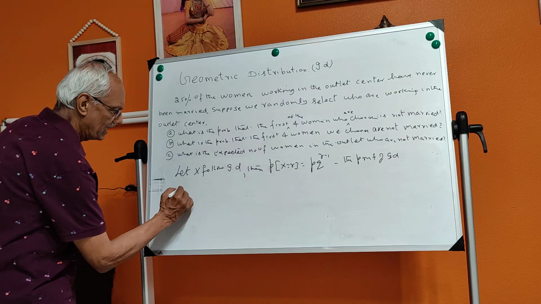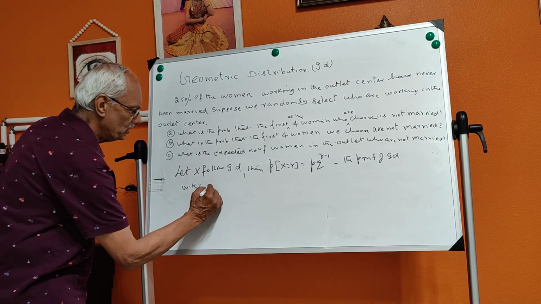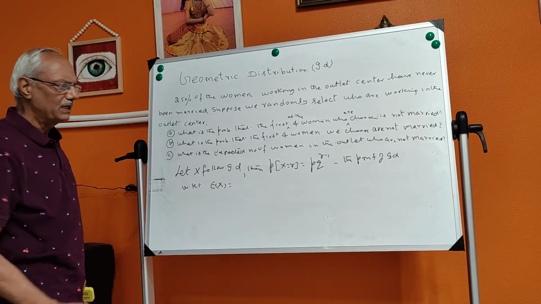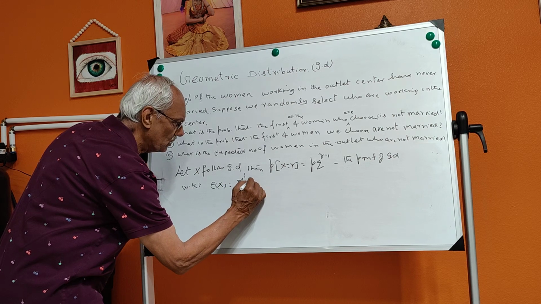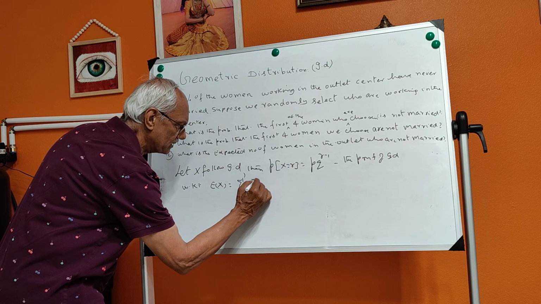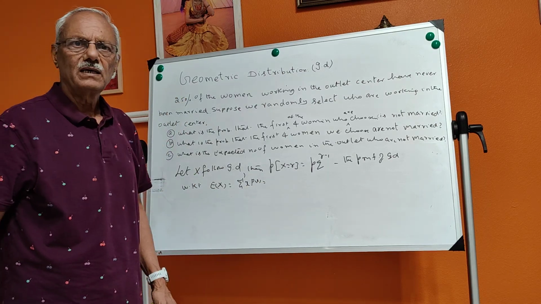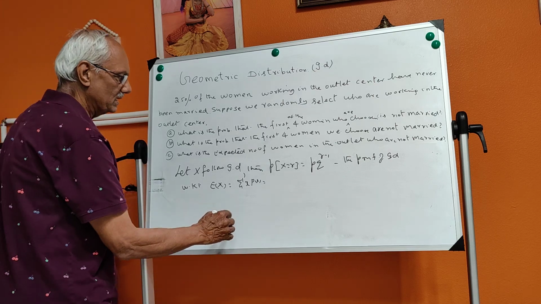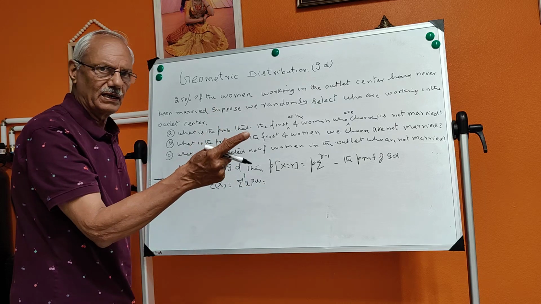We know that the expectation of any random variable is given by the sum of x into P of x. I know that x is a discrete random variable, and P of x is the probability mass function of the random variable.